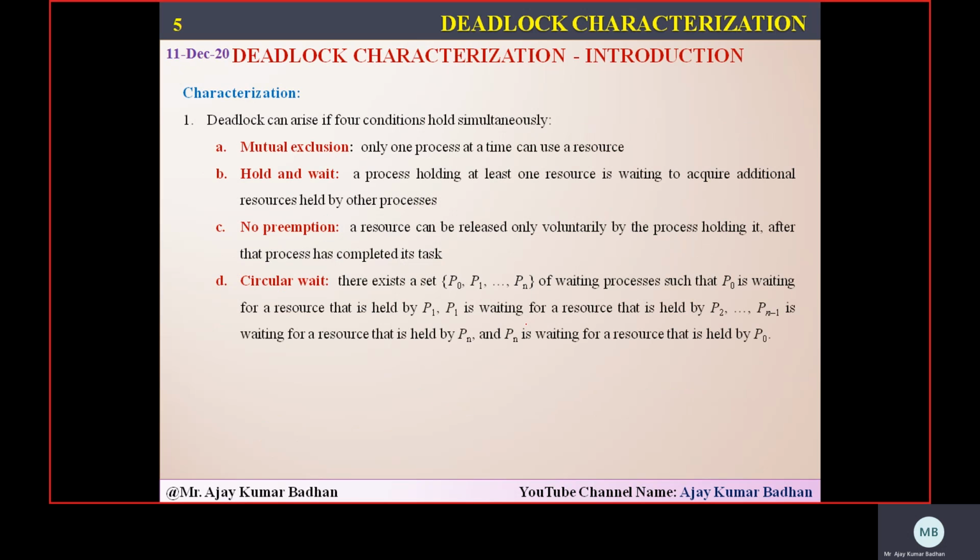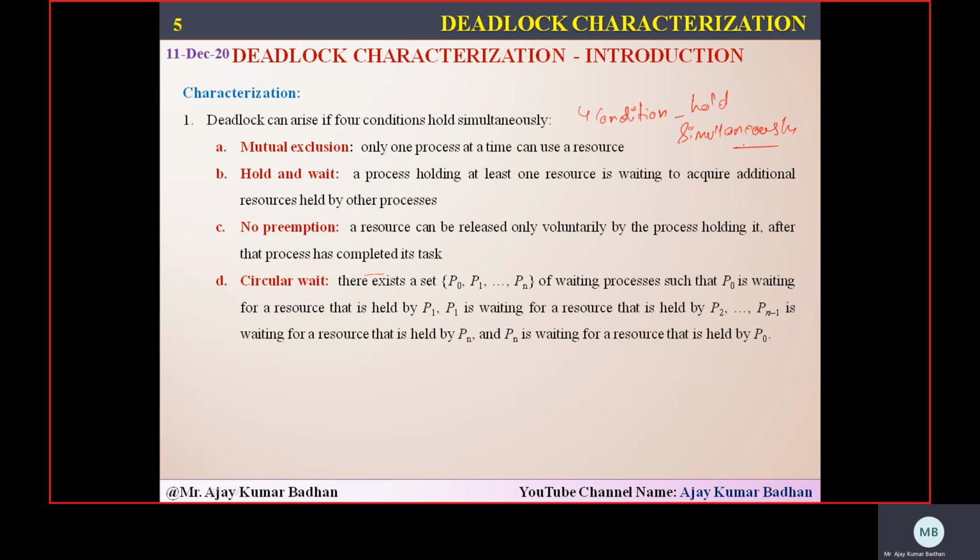And the next thing we are going to discuss here is deadlock characterization. Here we will be specifying how this particular deadlock comes up. So these are the 4 conditions.